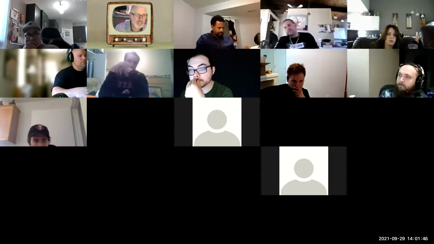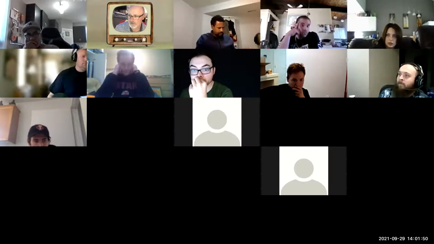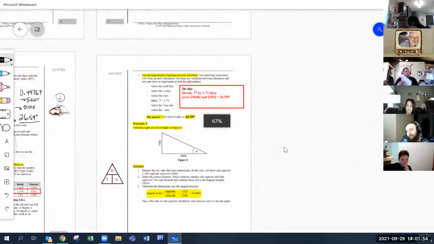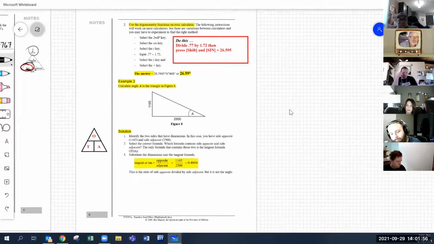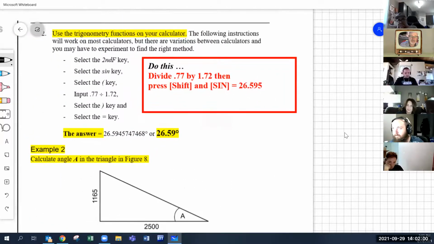Now, to continue on a little bit in this ILM, it goes by step, how to hit the shift key and then the sine button. Okay, it tells you to do that.